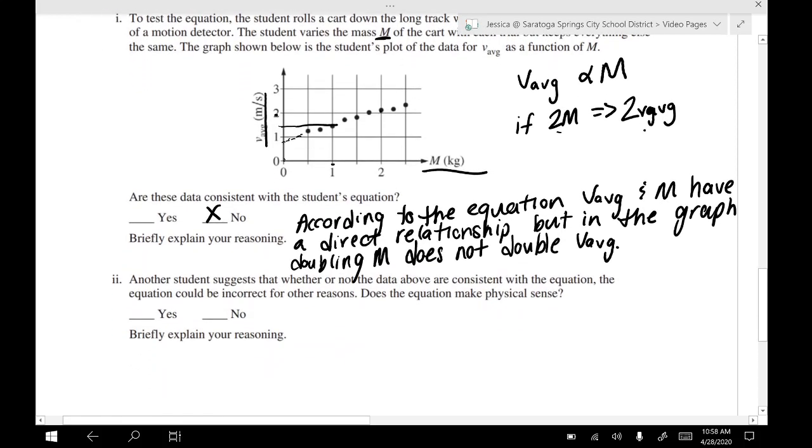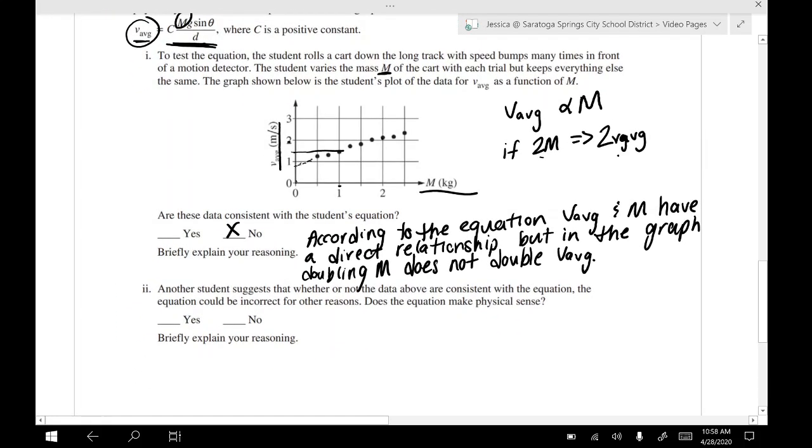All right. So another student suggests that whether or not the data above are consistent with the equation, the equation could be incorrect for other reasons. So does the equation make physical sense? Basically, this question is asking you to refer back to B and C, where we said that as theta increases, the average increases, and as distance increases, the average increases.